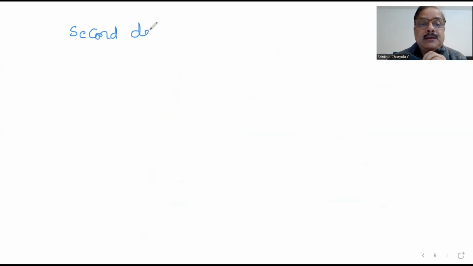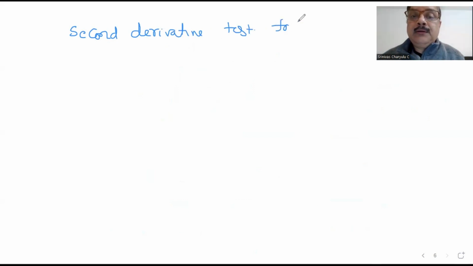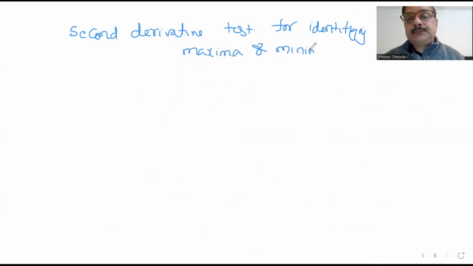Second derivative test for identifying maxima and minima and maximum and minimum values of function.